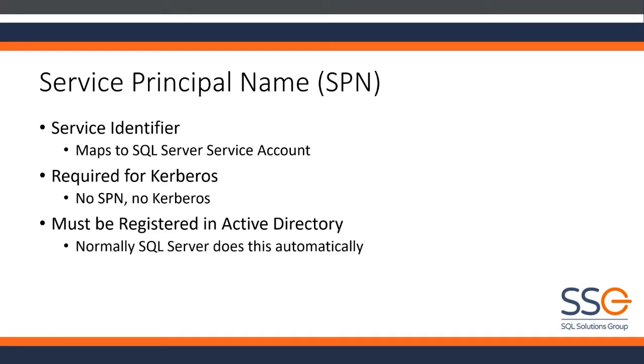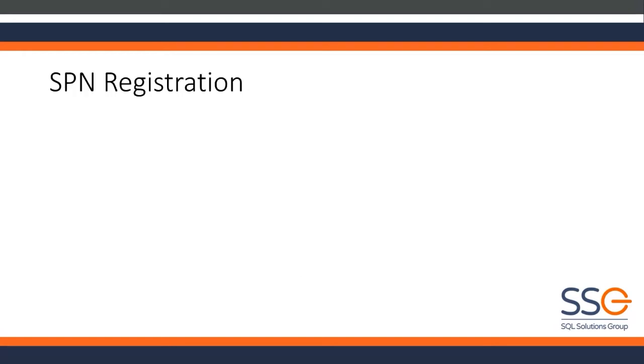So how does that get registered? In most cases, at startup, SQL Server will register the service principal name, and we're going to see in the SQL Server log exactly where we see that. It will actually deregister it when it stops. But to do that, the service account has to have permissions to register an SPN in Active Directory.